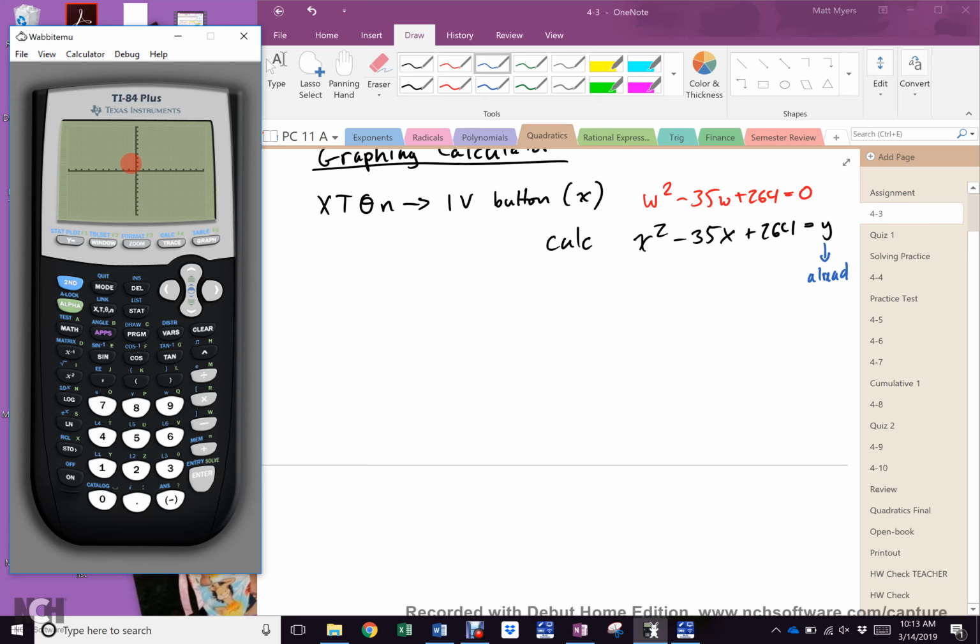When I click graph, it Because you didn't change your window, like I said. That's because you didn't delete the previous stuff I said. You only were supposed to have that. All right.